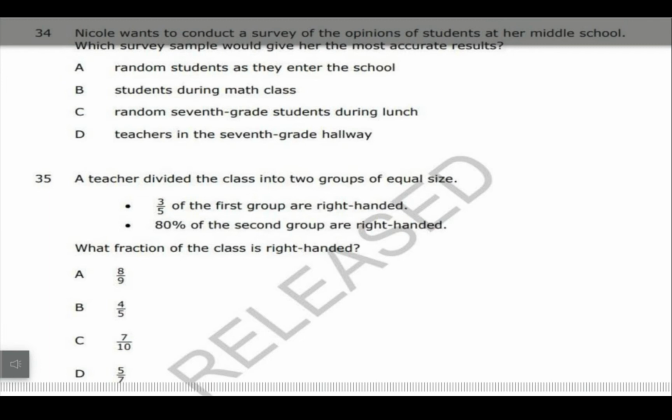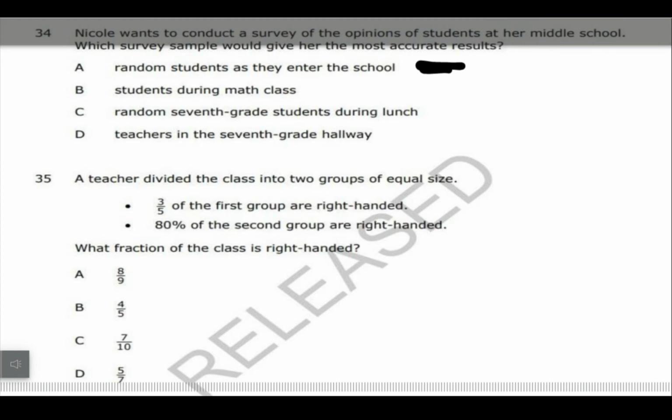Well, probably the best fit would be A, just because, again, we want it to be random. And then as people enter the school, it's going to be all different grade levels. If I'm looking at students in math class, that's probably just going to be one grade level, so we're not getting a good variety of students.